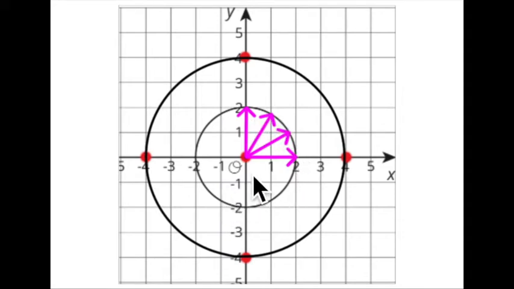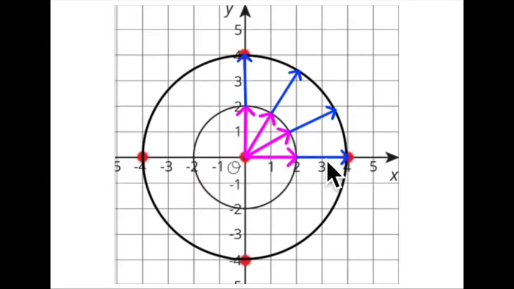So they all become radiuses of the circle, but instead of being 2 units long, they become 4 units long. So each of these units is twice as long. This is the same length as this length, so therefore the total length is twice as long as the original length.